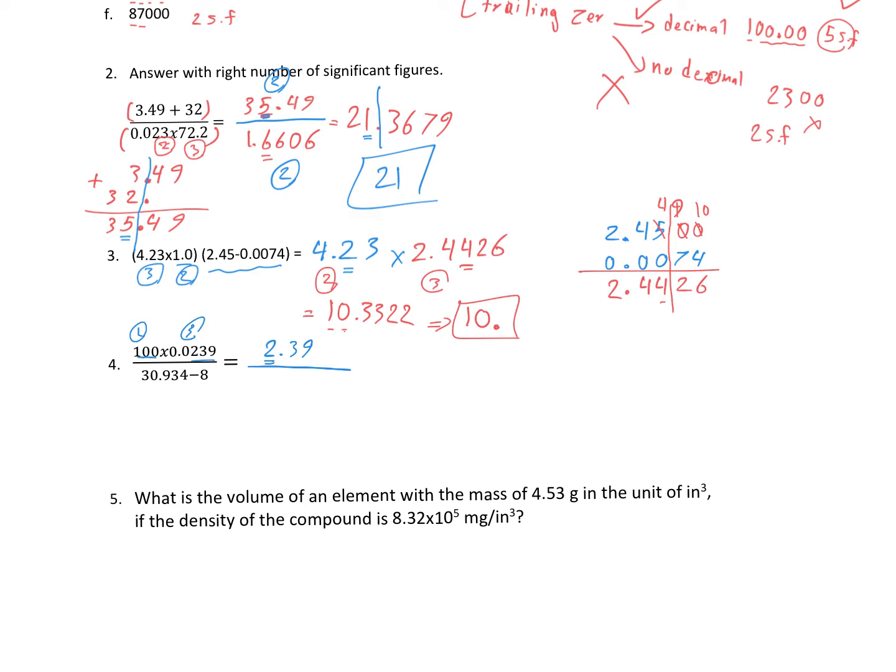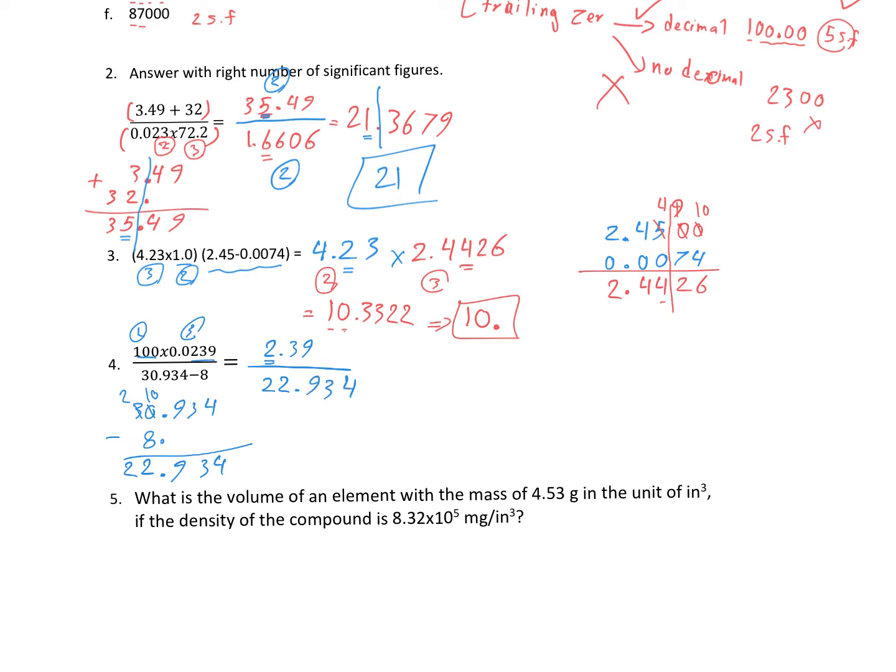And if you subtract these, 30.934, decimal place, well, it doesn't have any decimal place, so 8 is here, okay? And that's subtraction, so it's 4, 3, 9, that's 2 and 10, decimal place 2, 2, so it's 22.934.